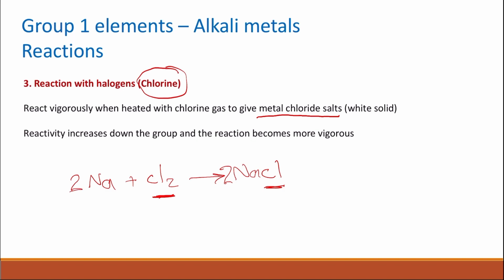So this is the balanced equation for the reaction between sodium and chlorine to give sodium chloride. You can apply this to any other metal from the series. So if they ask you about potassium, you can simply write potassium plus chlorine will give you potassium chloride, and so on.